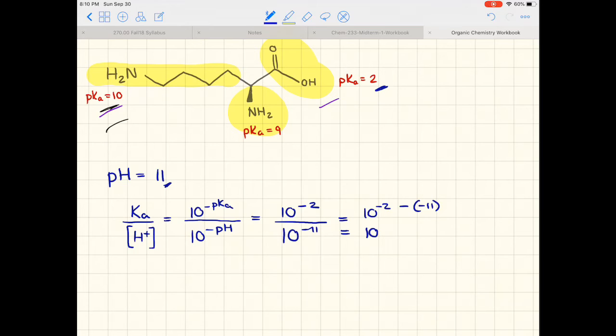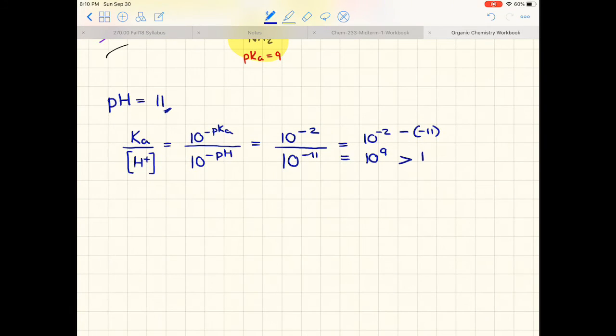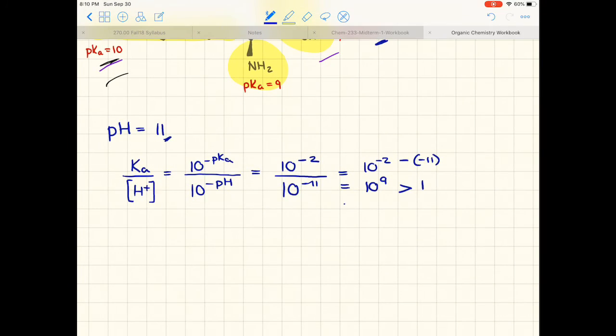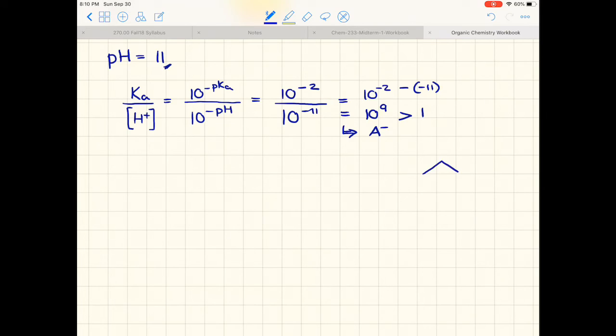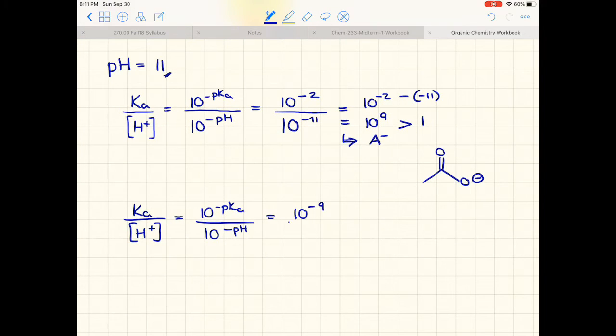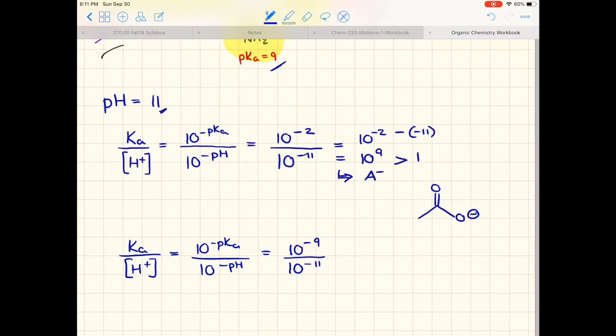Exponent rules gives you 10 to the 9th, which is greater than 1, which means at a pH of 11, the dominant form will be A minus, therefore the carboxylic component will have a negative charge and lose its hydrogen. Going to the next functional group, the Ka is 10 to the negative 9, and the hydrogen concentration is still 10 to the negative 11.